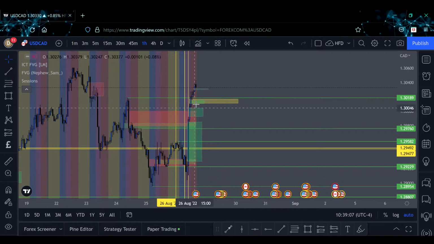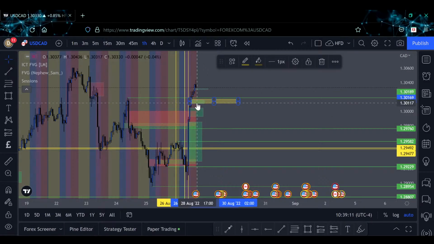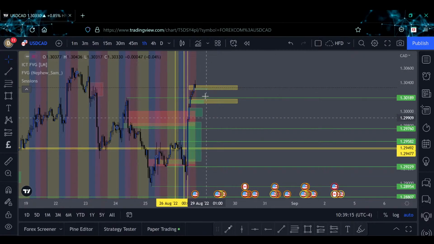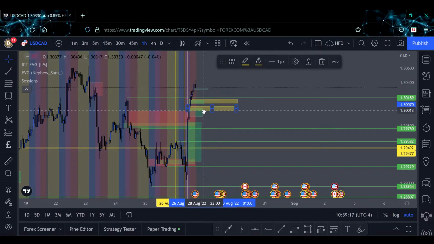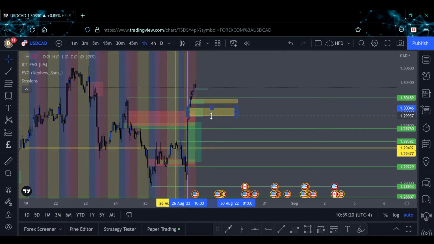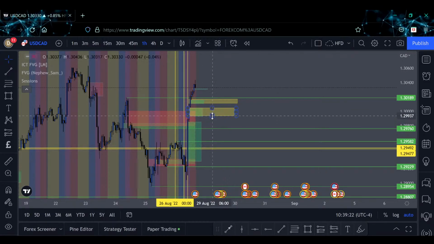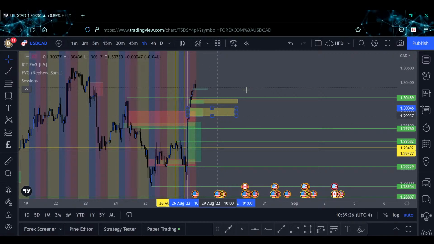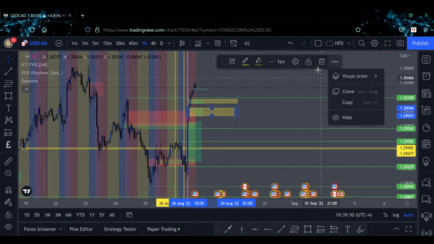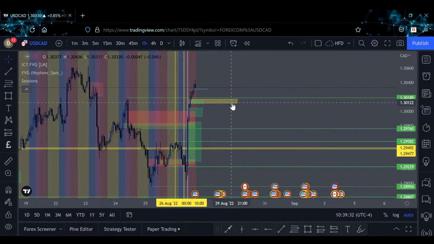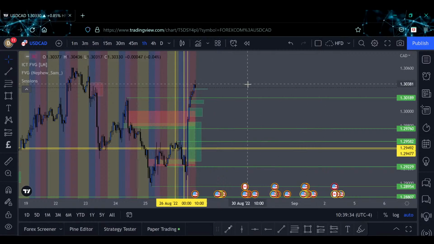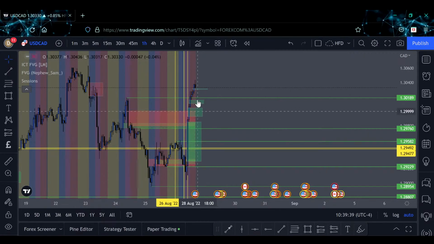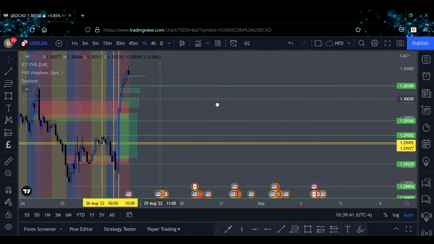There's a gap here. There's also a gap here. I don't really actually need to put these in because it's shown by the indicators, these green boxes. Those are gaps present.